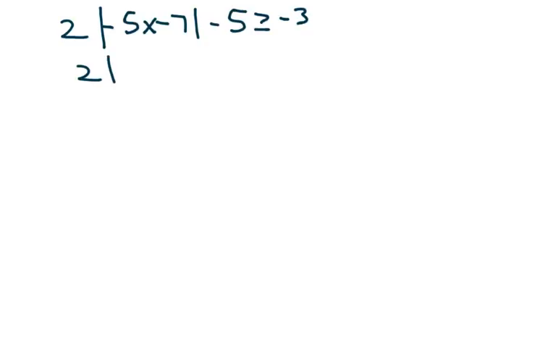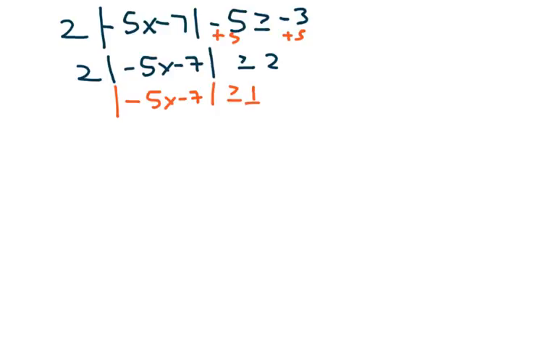Okay, we have 2 more. We have 2 times the absolute value of negative 5x minus 7, and then minus 5 is greater than or equal to negative 3. First thing I'm going to do is do PEMDAS backwards and clean this up. So I'm going to add 5 to both sides, and then I'm going to divide both sides by 2. And we've done enough of this, if you've been watching the videos, to know how to do that.